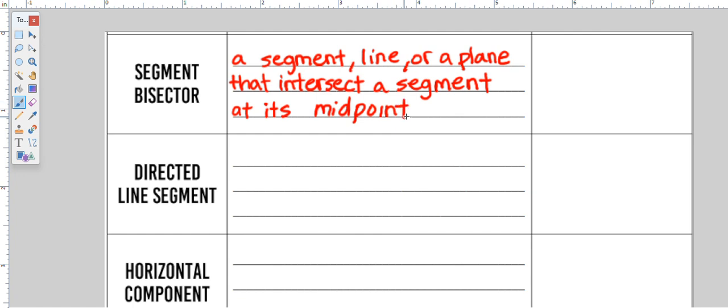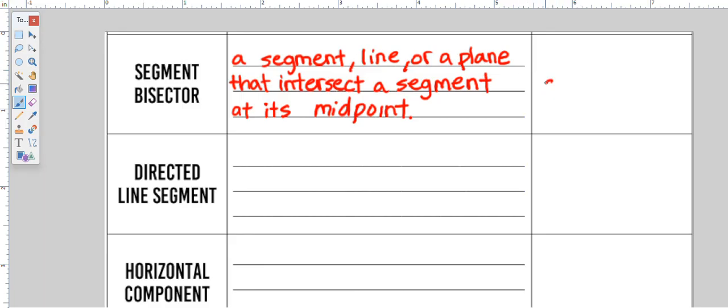Midpoint. Right? And what this looks like is, if I have, we'll say, line segment, or no, that's a line. I don't want a line. Just back up a little.